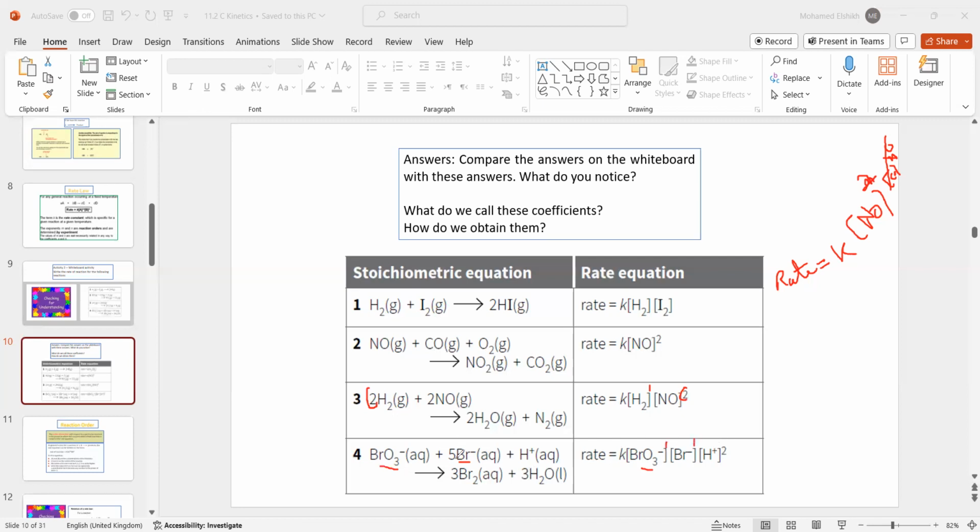If you see here, the coefficient has nothing to do with this, and the coefficient of the first one and the last one, first one is 1. Yeah, it happened, they're the same. And the last one, here it's 2 and here it's 1. So this is just to show you that these coefficients, these exponents, are determined experimentally and they have nothing to do with the balanced equation in front of you.